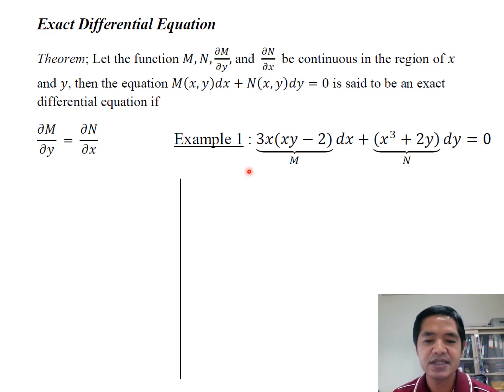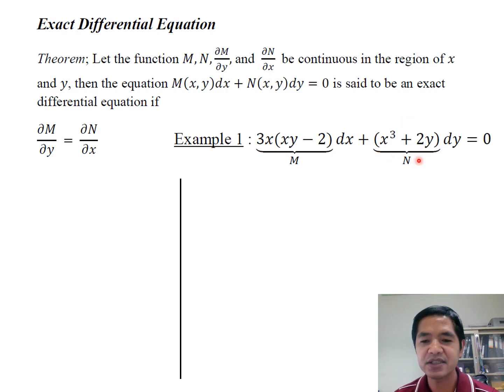In this example we have 3x times (xy minus 2) in parentheses times dx. The term with dx is the m function. Just remember this form, m dx plus n dy. So this is the m function dx, plus n dy, so x to the third plus 2y, dy.